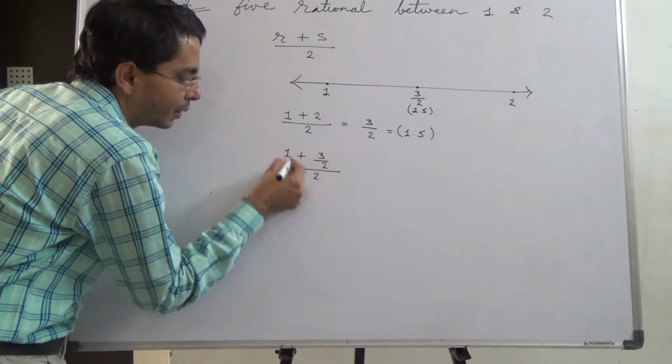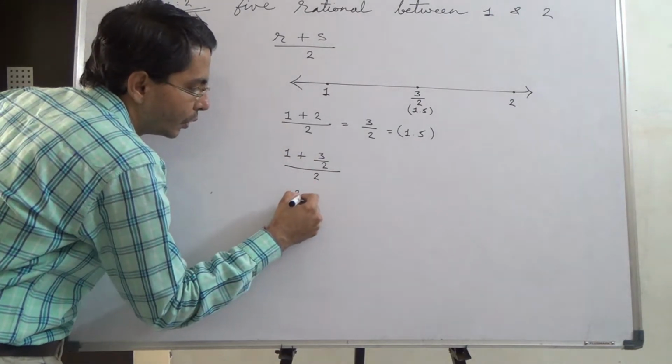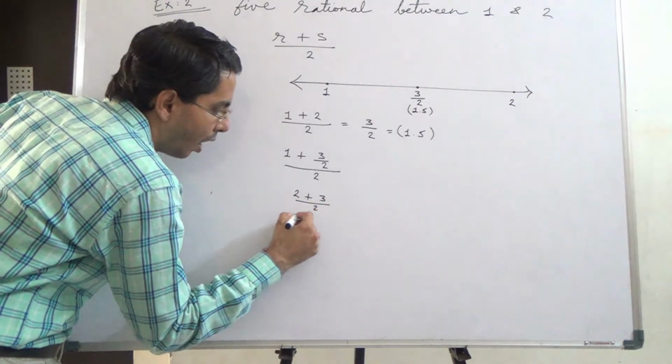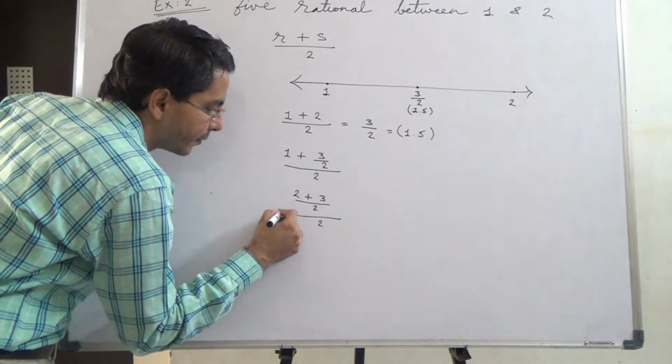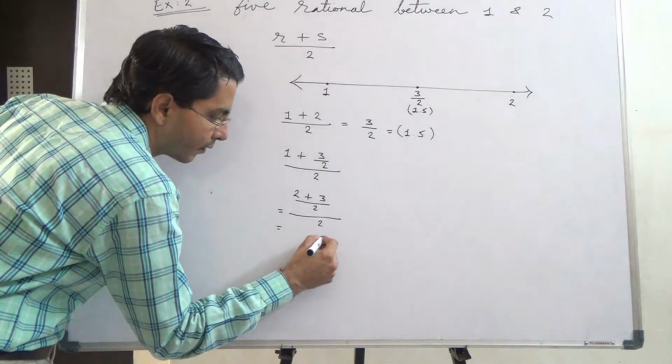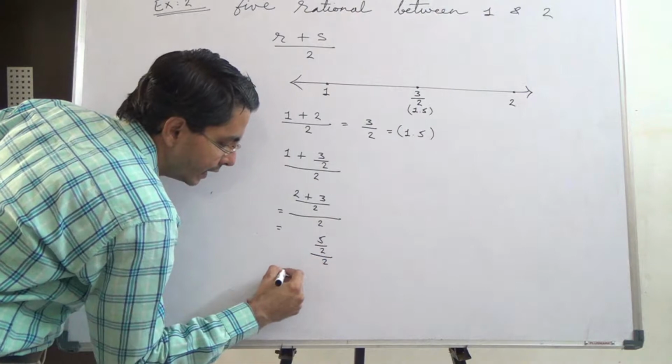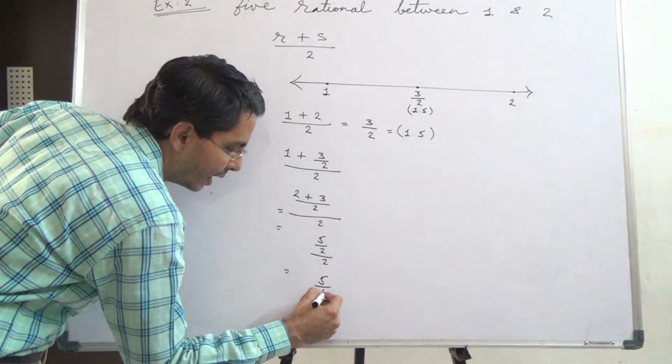If I multiply by 2, 1 twos are 2, 2 plus 3 divided by 2, upon 2. So 3 plus 2 is 5, and 5 divided by 2 upon 2 is nothing but 5 divided by 4.